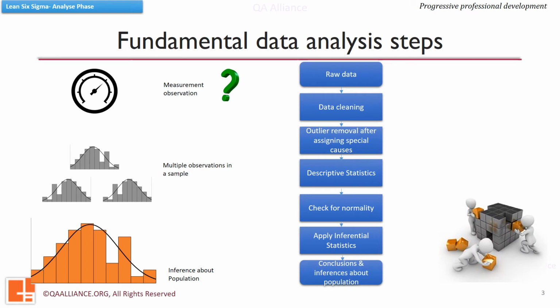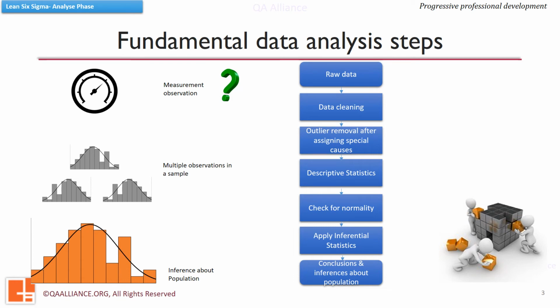Let us go through the basic steps of data analysis. After the data collection exercise, we have raw data in hand. It is called raw data because we have to make it usable. In this step, a basic data sanity check is done, like looking for incorrect values, impossible values, wrong entries, etc. Once data is ready for analysis, a preliminary outlier analysis is done.